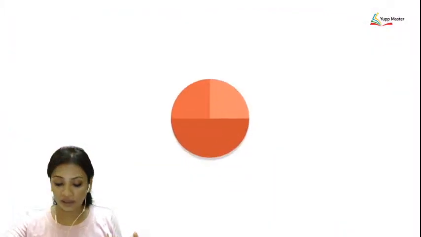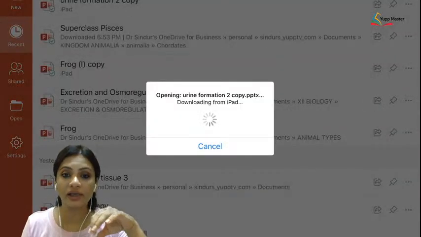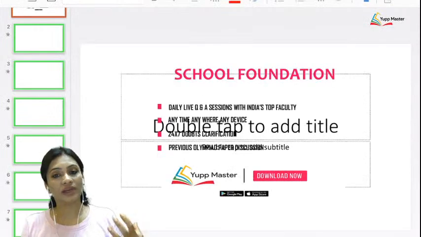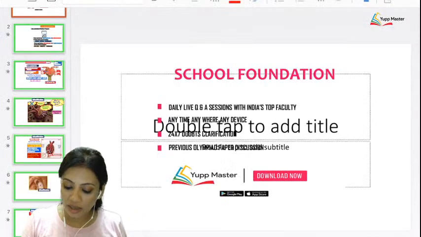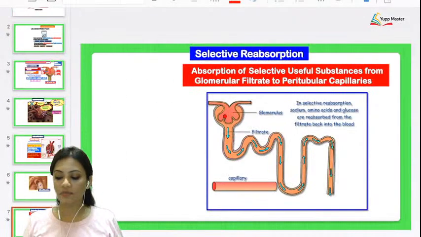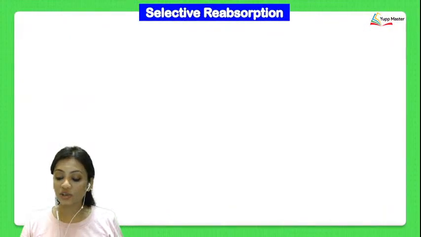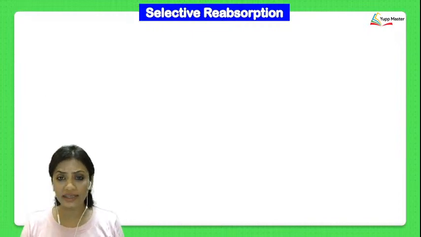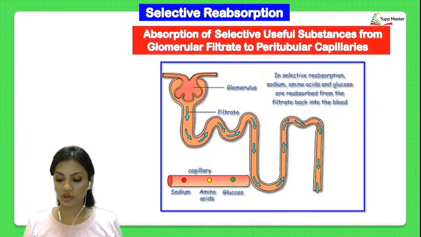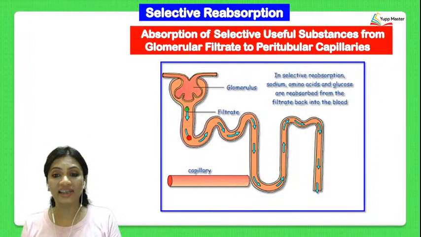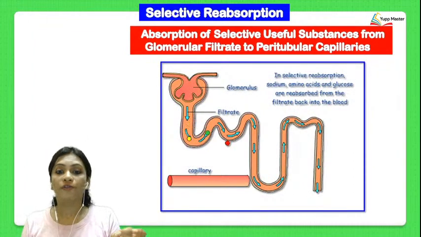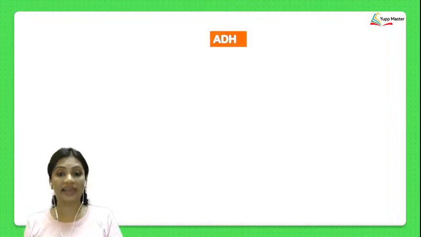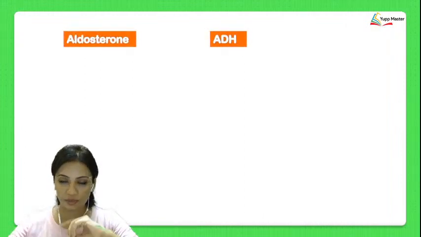Remember that when filtration is happening under pressure, it is very natural that sometimes certain things may be filtered which we don't want to be filtered. So maybe certain good substances might be filtered too. Yes, let's see what that is all about. So, absorption of selective useful substances from the glomerular filtrate to the capillaries. That's what it's all about. Let's see what that means.